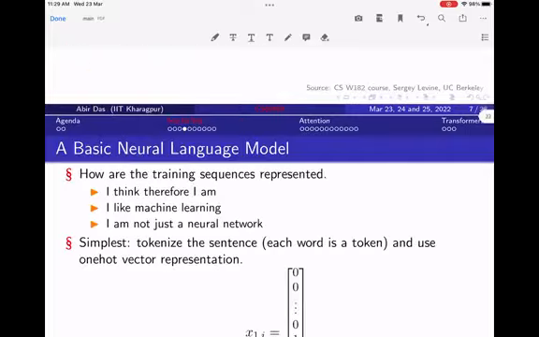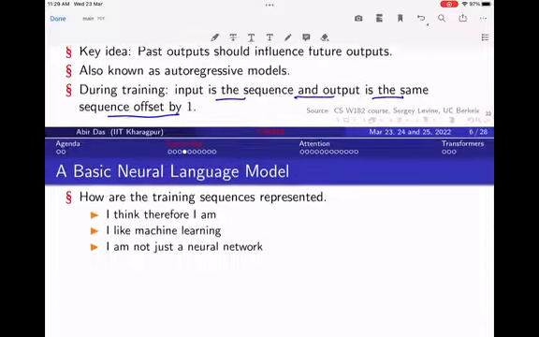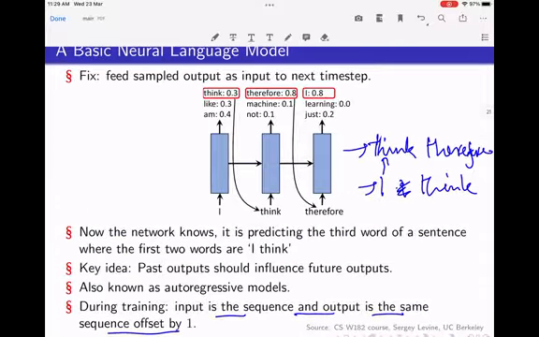Now, one question maybe: suppose the first two words are "I think", but the third word comes out as "machine". There are ways to train to tackle this sort of discrepancy.